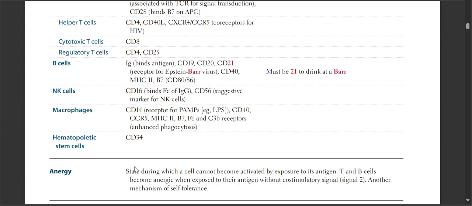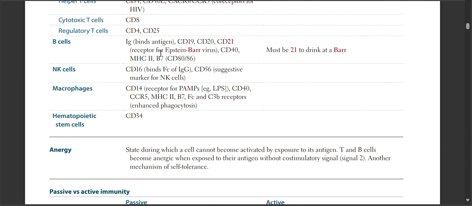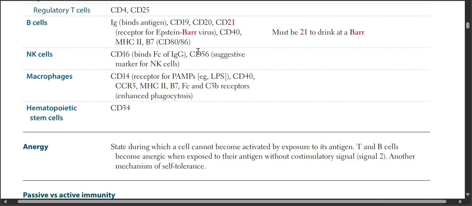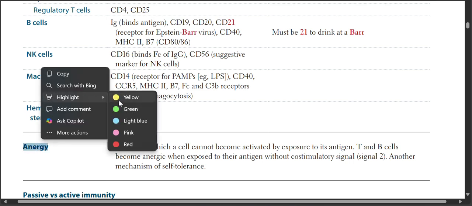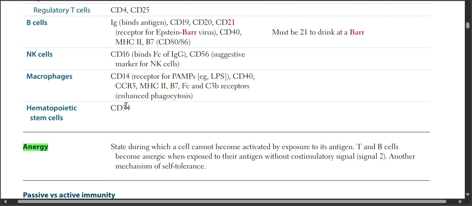So this is something you need to remember. There is one state which a lot of these T and B cells are present in. It's called anergy. The state of anergy basically means that the cell does not get activated by an exposure to the antigen.